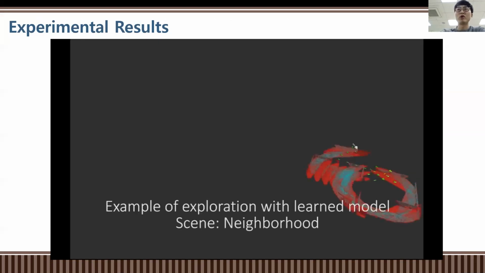Here, the trained model is able to explore and reconstruct an area that it has not previously encountered.